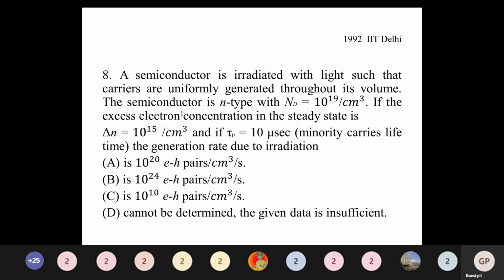If the excess electron concentration at steady state is del n, given as 10 to the power 15 per centimeter cube, and tau p equals 10 microseconds, that is the minority carrier lifetime, then the generation rate due to irradiation is what they are asking.